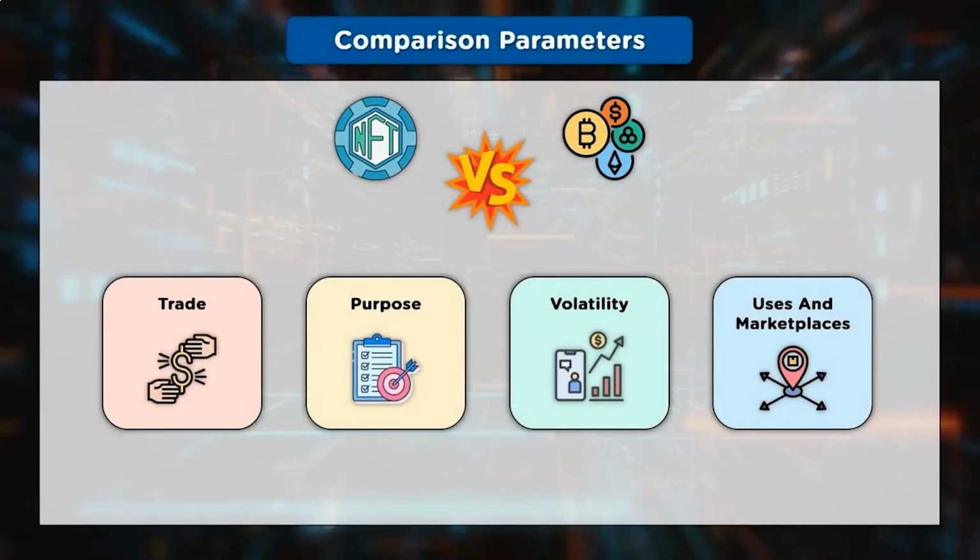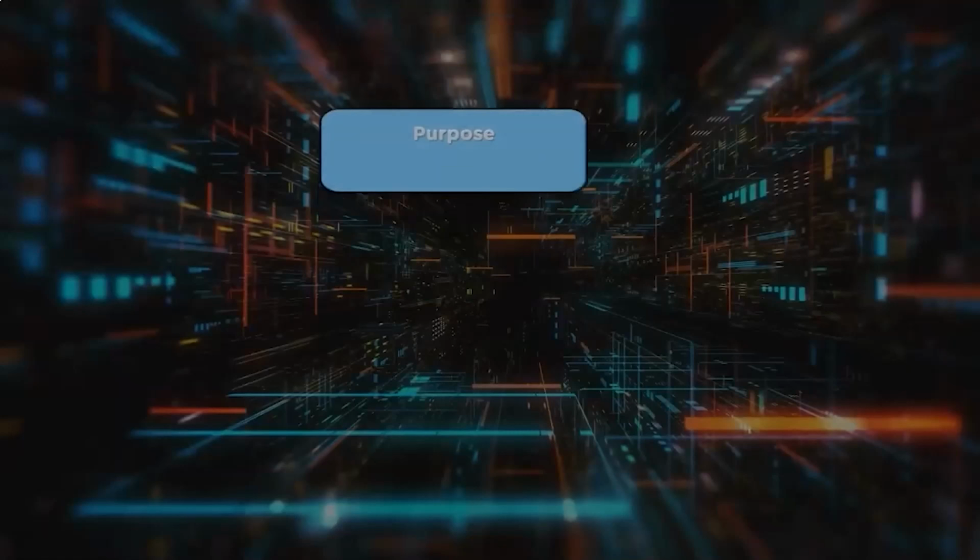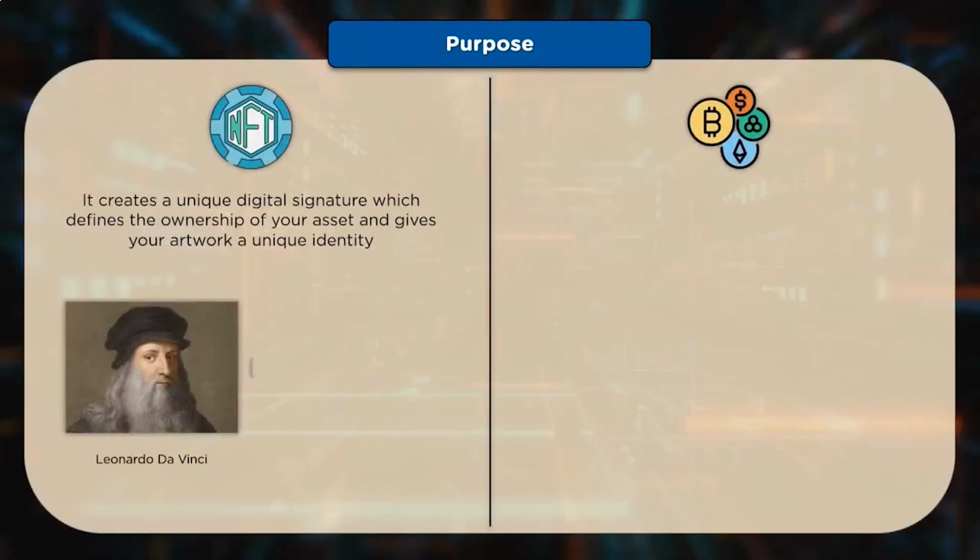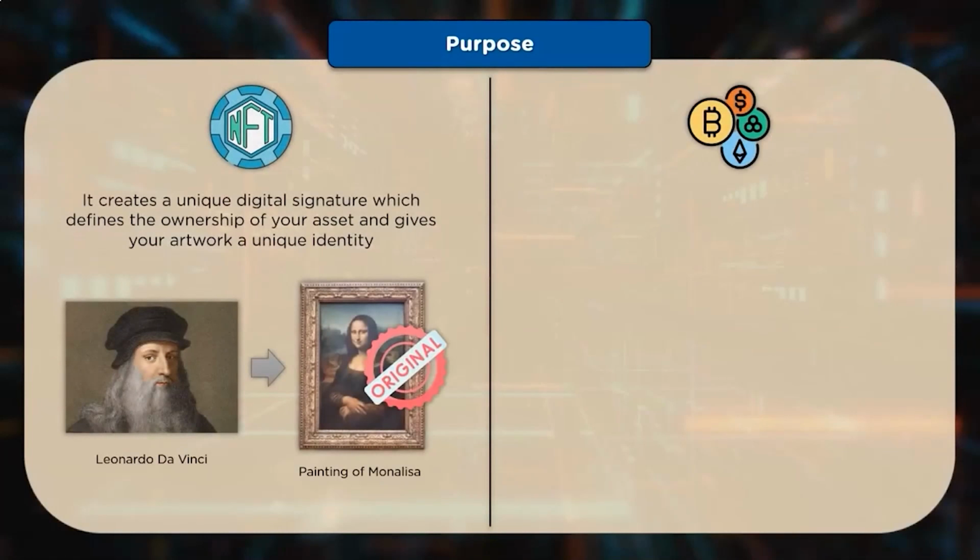Now coming to purpose. Each non-fungible token serves as a form of authenticity certificate, indicating that a digital asset is distinct and not interchangeable. Due to the cryptographic principles that characterize the blockchain, an NFT can never be altered, adjusted, or stolen.